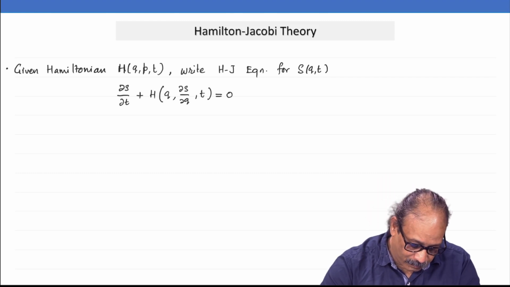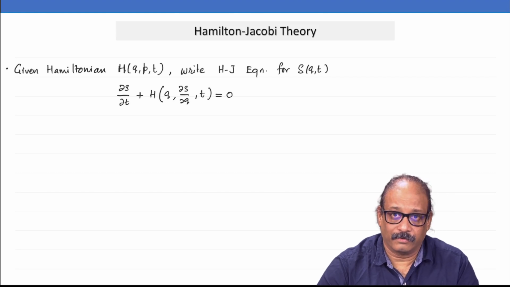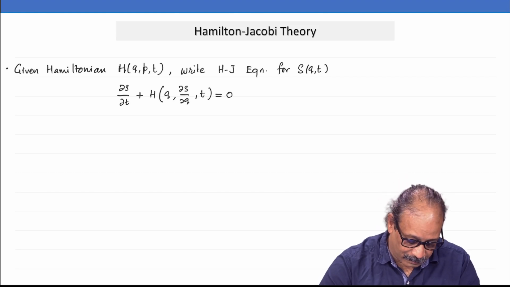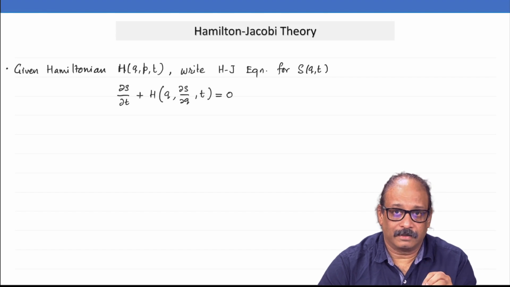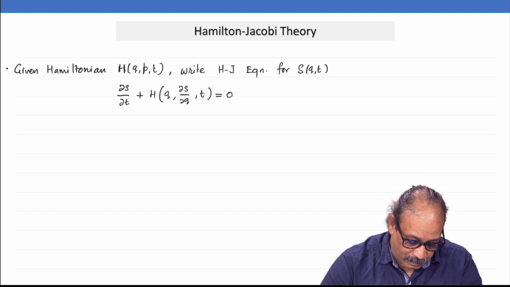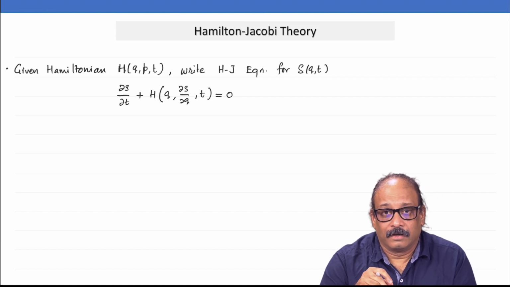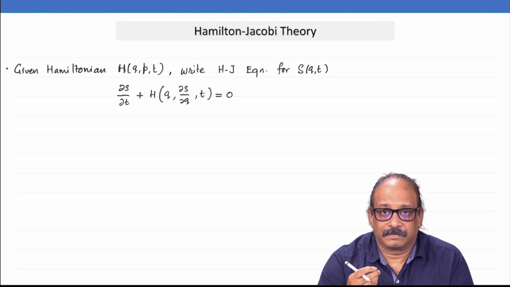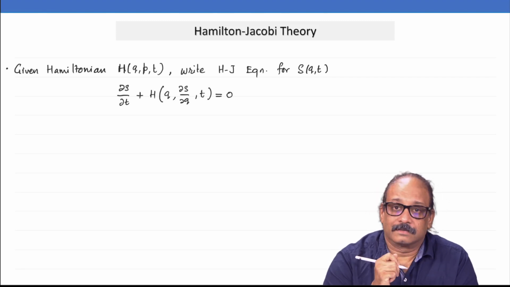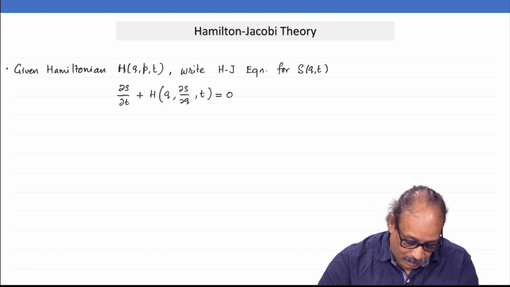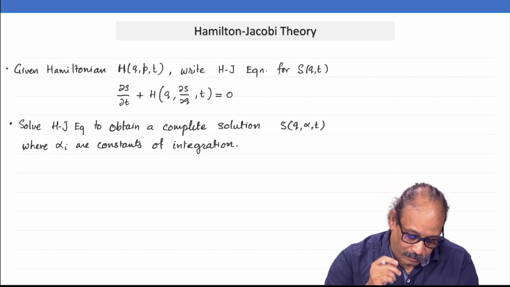Okay. So, what we have here is a Hamilton-Jacobi equation constructed out of this. For the new Hamiltonian to be 0, del S over del t plus the Hamiltonian, where now p is expressed in terms of the partial of S with respect to q, must be equal to 0. Okay. Now, what is this?